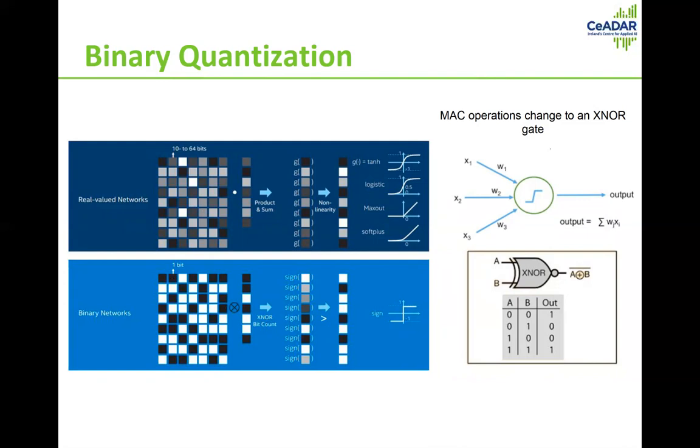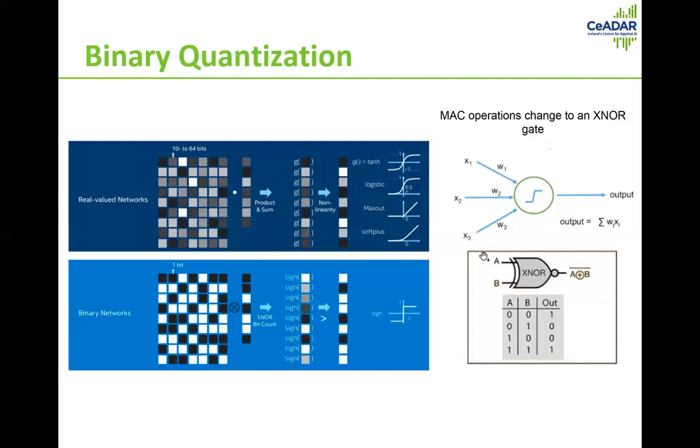We'll discuss it later, but one of the important things to note here is, remember you had this MAC operation earlier, where you multiply the weights with the inputs and sum them up. When you binarize these weights and inputs, this whole MAC operation of multiplying and summing converts into a simple operation called an XNOR gate. You might have heard about AND and OR gates.